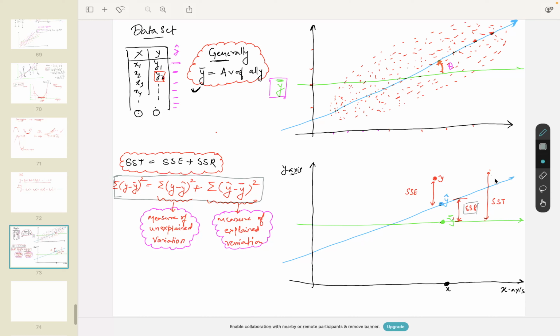So once we had this linear regression model, we saved this sum of square of error, right? We saved, and now instead of predicting y average as the predicted value for this x, we are now predicting y cap as the predicted value for this particular x. So this y cap is now explainable, right?